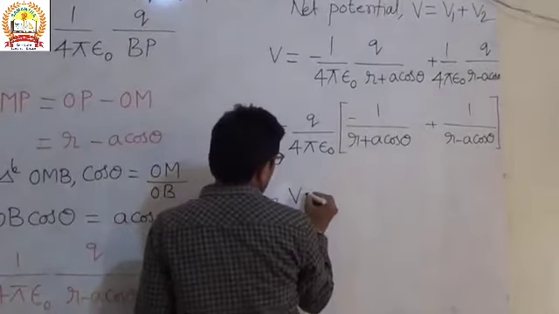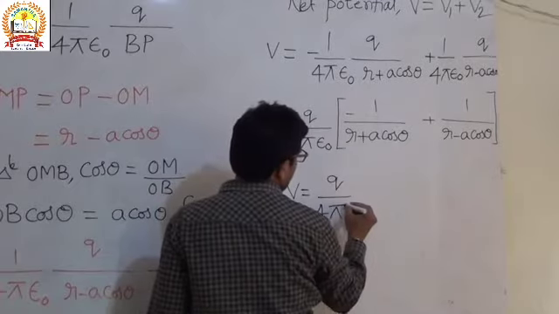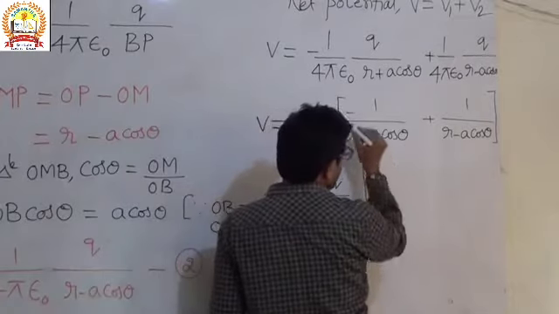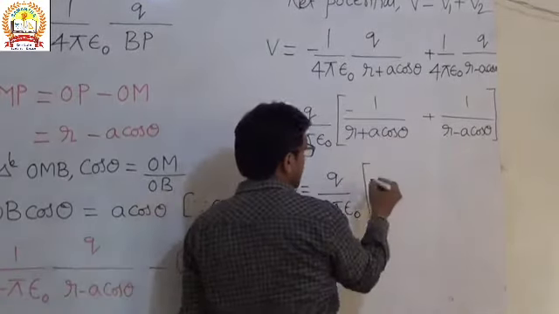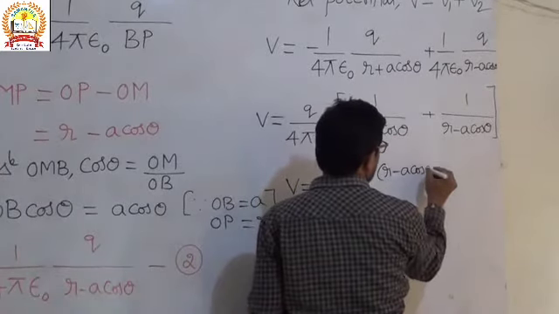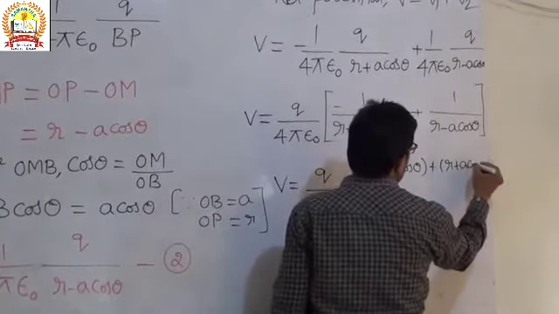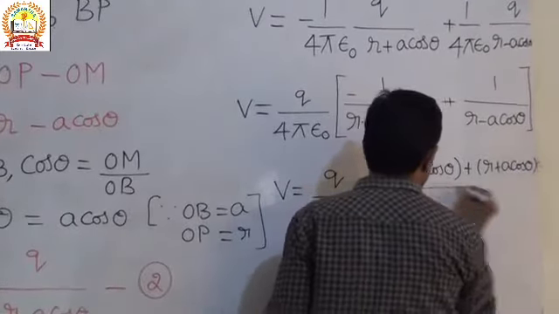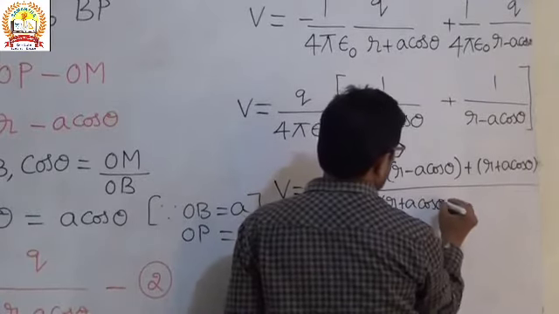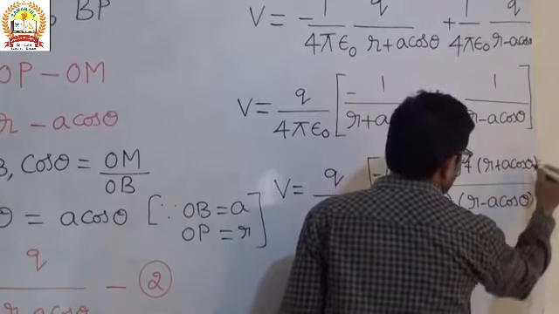Then V equals Q divided by 4 pi epsilon naught, then minus of R minus A cos theta plus R plus A cos theta, by R plus A cos theta times R minus A cos theta.